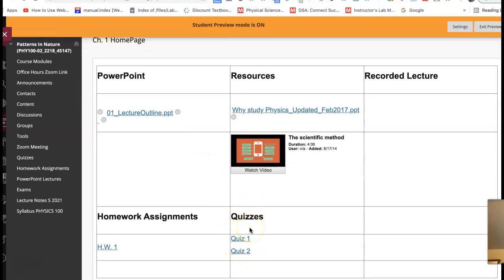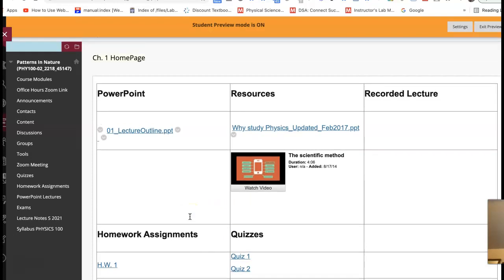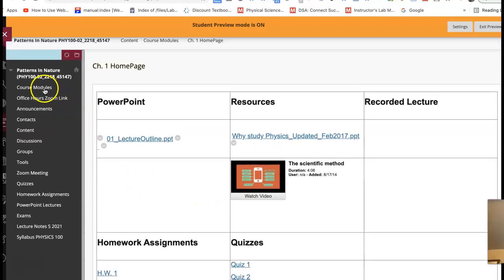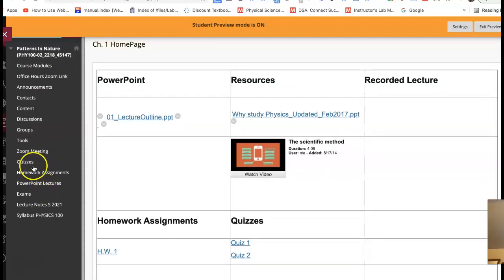This week I have 2 quizzes because of chapter 1 and chapter 19, but usually it is going to be only one lecture, one chapter. Now here I also have some links, like quizzes, home assignments, PowerPoint lectures, exams. You're going to access them from here.